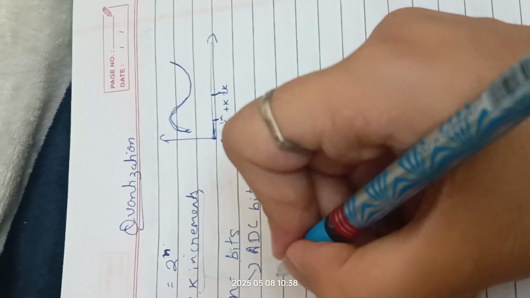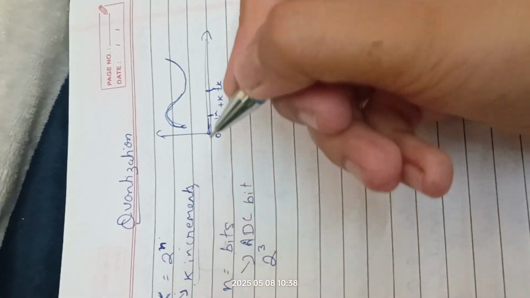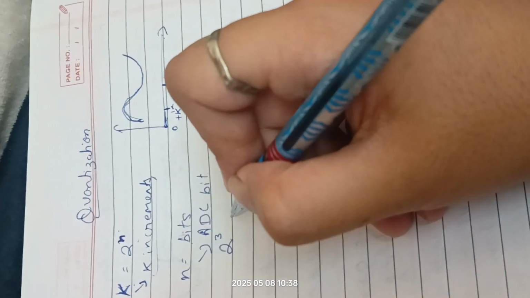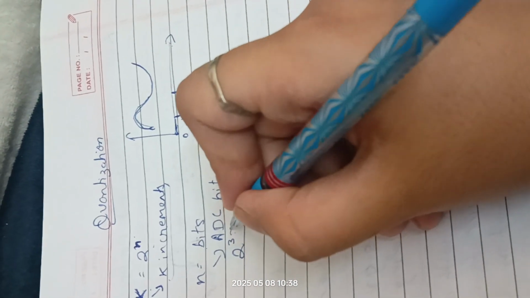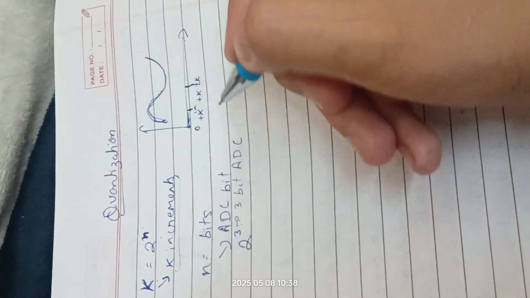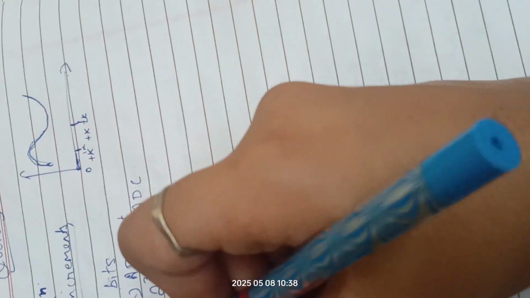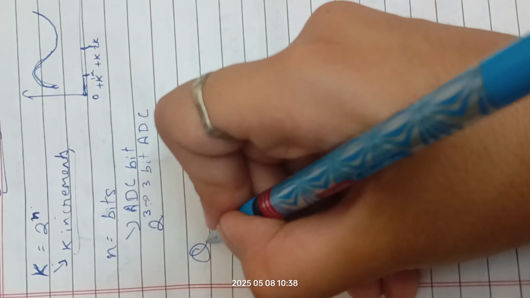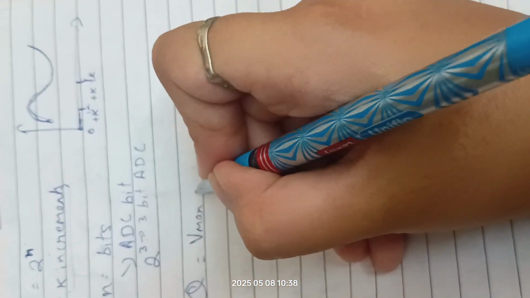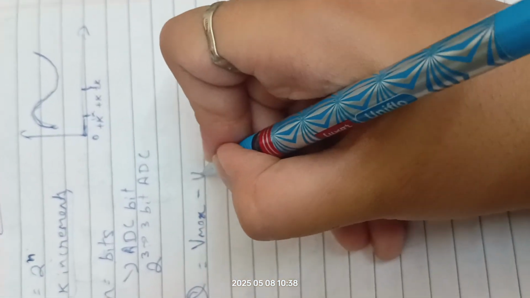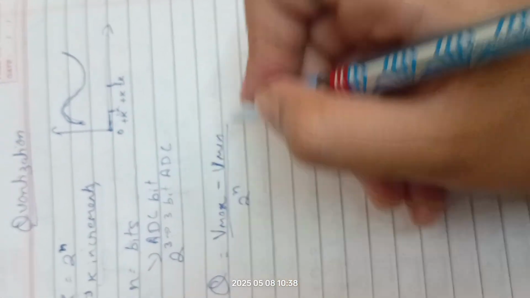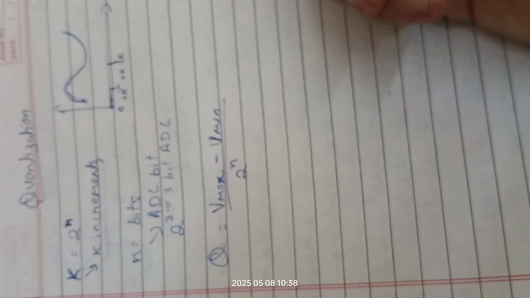So if it is 3 raised to power 2, this is 3 bit ADC. Okay, and then we get Q equal to, there is one more formula, V max minus V min by again.